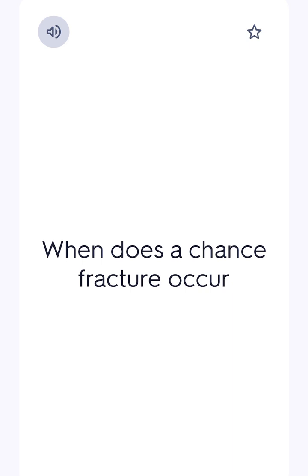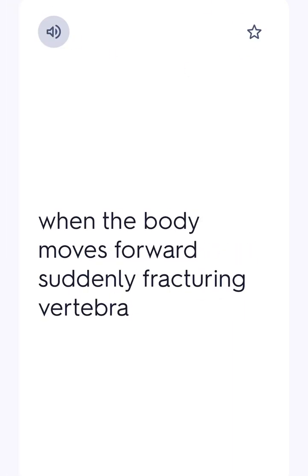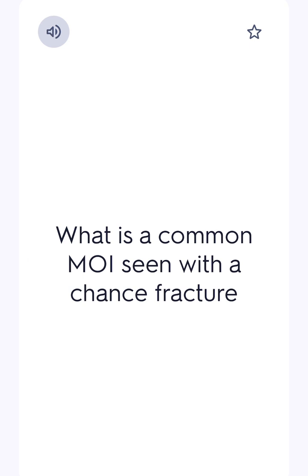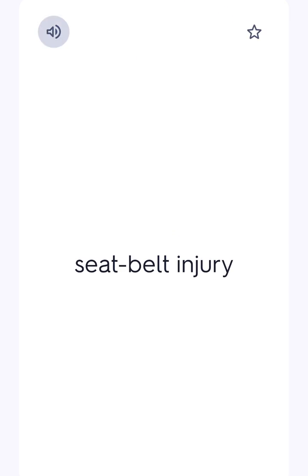When does a chance fracture occur? When the body moves forward, suddenly fracturing vertebra. What is a common MOI seen with a chance fracture? Seatbelt injury.